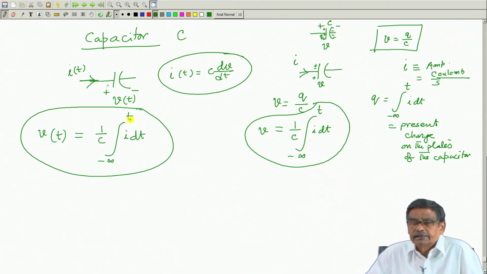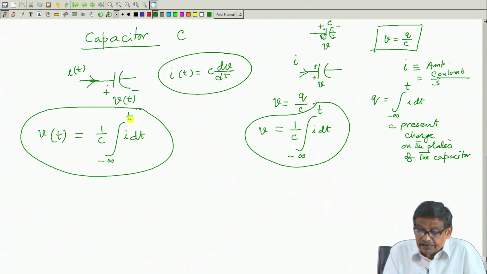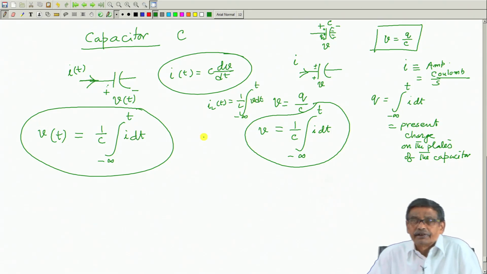unlike a resistance, V is equal to R I. The present value of the current is V by R, R is constant. So, the present value of the voltage only decides the present value of the current, no previous history is needed. But in case of an inductor, we have seen the inductor current depends upon the previous voltage you have applied. You recall the same equation in a different form.